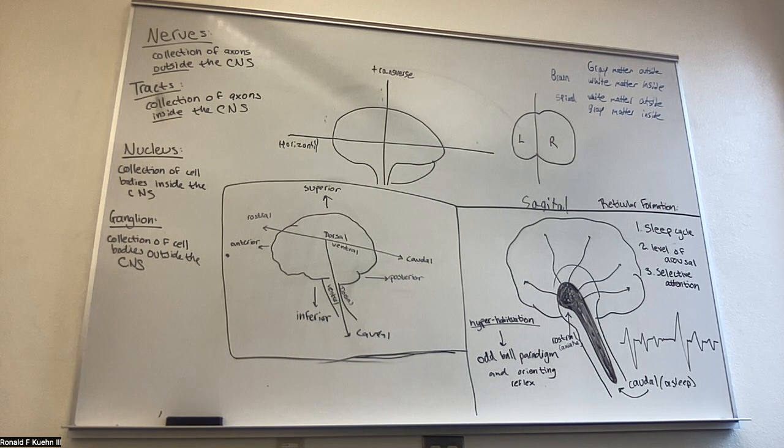Posterior means behind, where caudal means tail. He gives an example of an alligator, where its tail is caudal and its head is rostral. Posterior means behind and anterior means in front of. They can be used interchangeably, but it's really minute differences. At least that's what I remember.